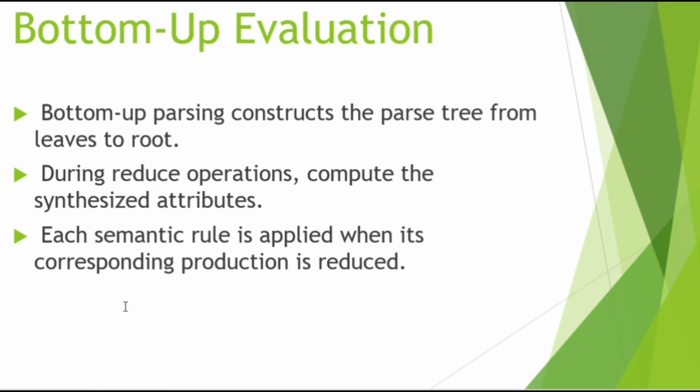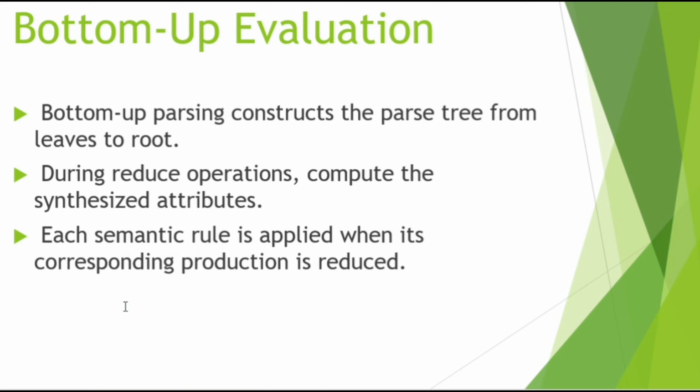In a bottom-up parser, such as an LR parser, the tree is built from leaves to root. That means we start with the basic symbols and keep reducing them until we reach the starting symbol of the grammar.